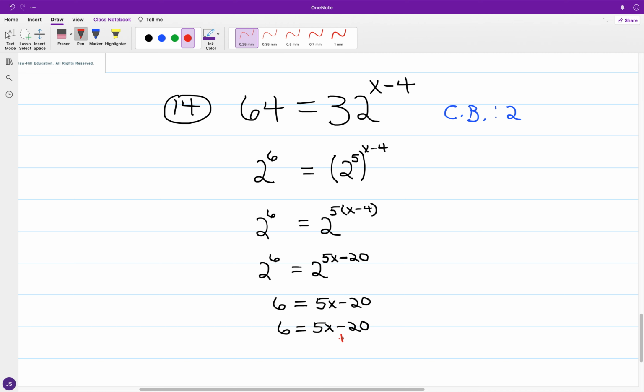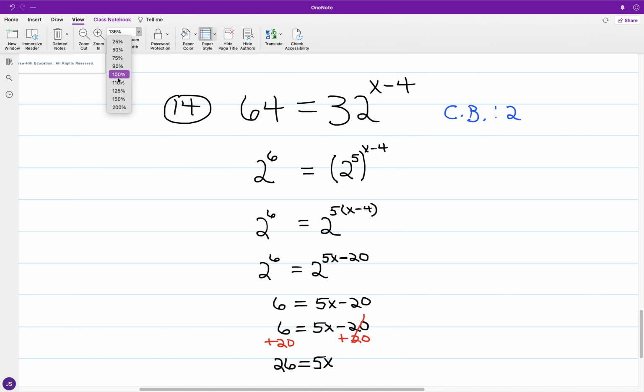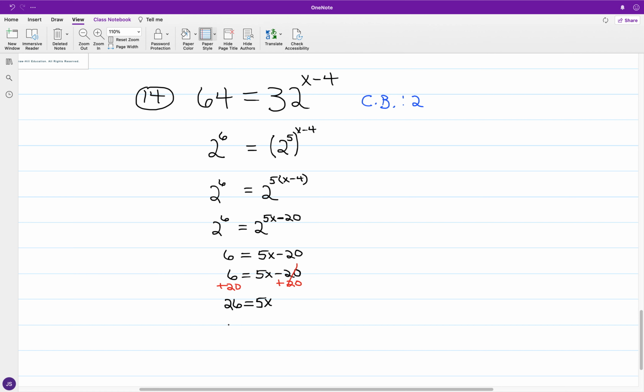And just isolating the 5x. So if I add 20, we're going to have that 26 is equal to 5x. And with division by 5, it's going to follow that 26 fifths is equal to x.